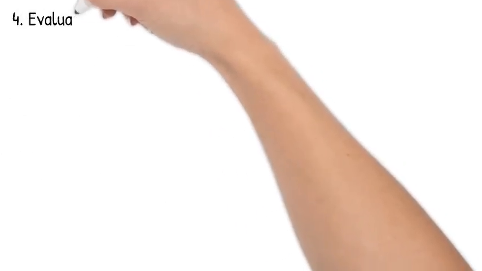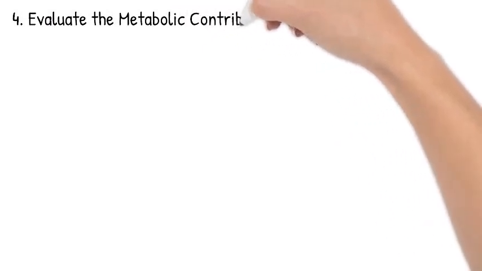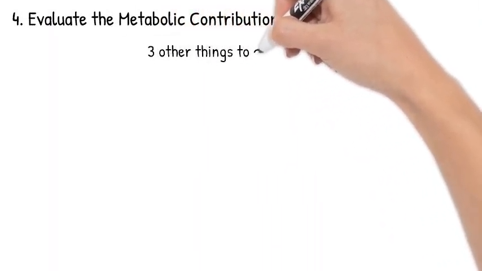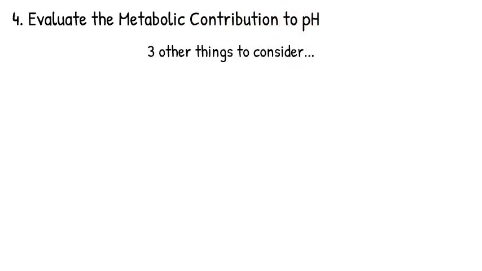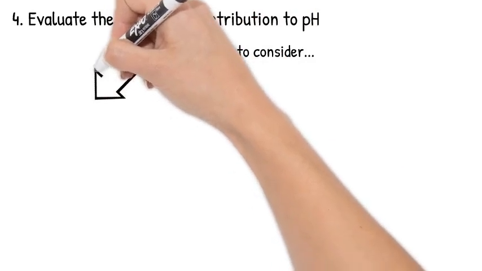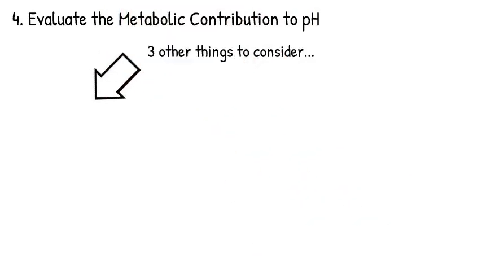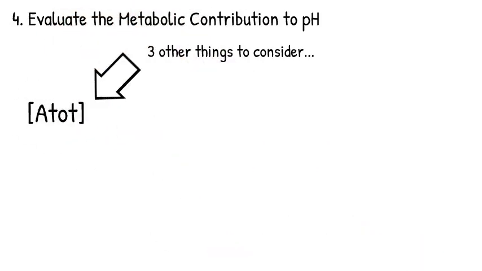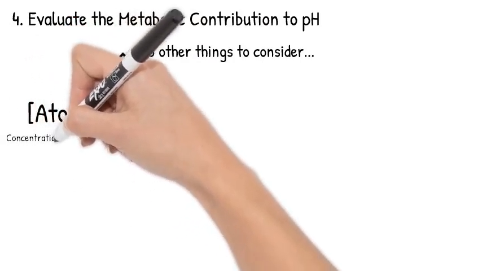Well, now that we've determined whether there's a metabolic acidosis or alkalosis, there are 3 other things that we need to look at that also impact on our metabolic acid-base status. So these 3 things to consider. The first one, we'll write it as the concentration of ATOT. Basically what it refers to is the concentration of the non-volatile weak acids.